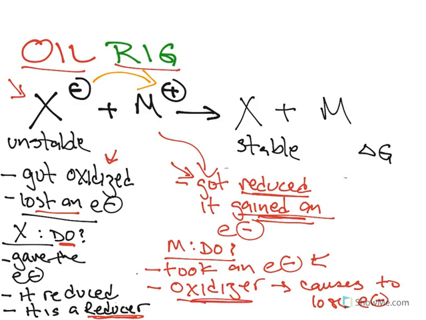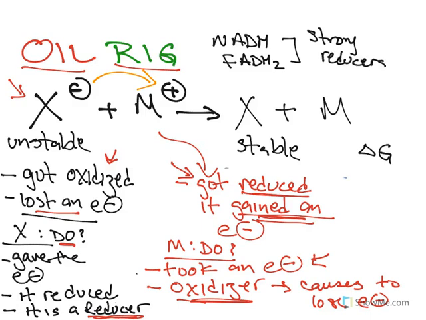In the previous segment, I said that NADH and FADH2 are both molecules that are strong reducers. So what does that mean? A reducer is something that gives up electrons.